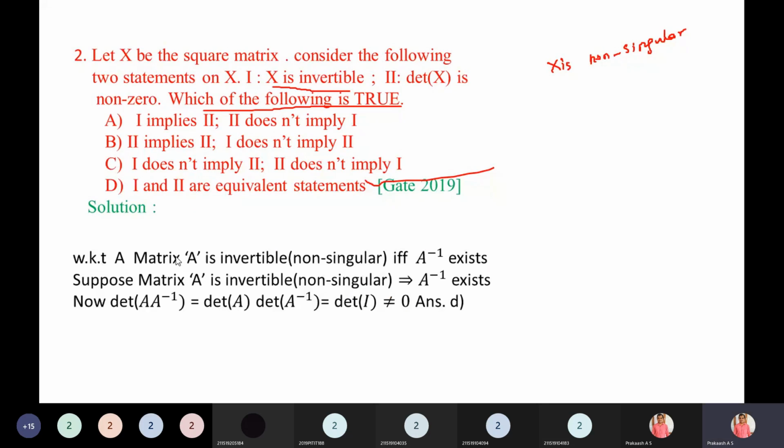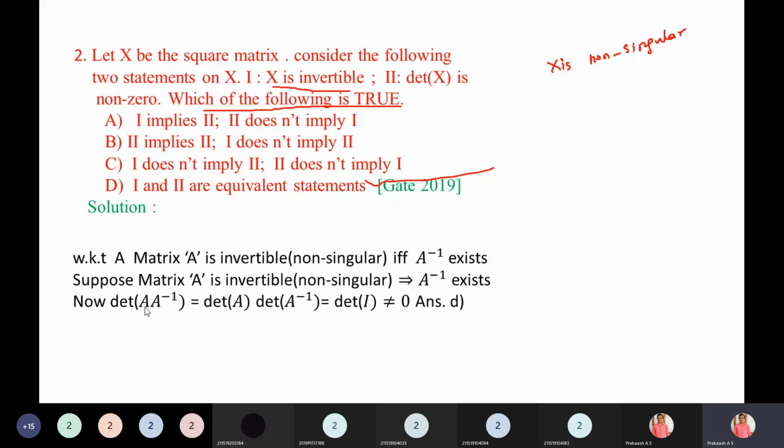So we know that matrix A is invertible if and only if A inverse exists. So by this result we write B is correct. Or otherwise, suppose matrix A is invertible, A inverse exists. Now determinant of A into A inverse is determinant of I, which is not equal to 0.